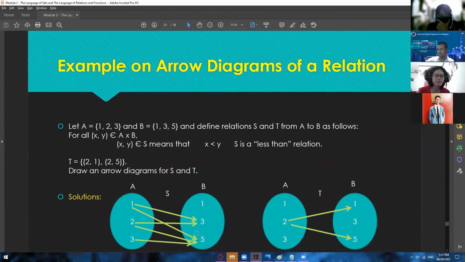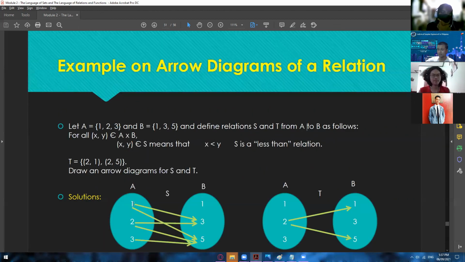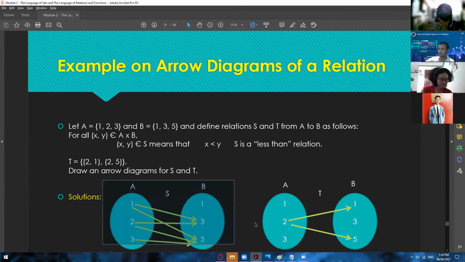It's like transferring, or instead of having coordinates like 1, 3, etc., we can do this arrow diagram representation, which means 1 is in relation with 3, 1 is in relation with 5, 2 is in relation with 3, and so on and so forth. All of those are in relation with each other. Those are arrows. So are we clear?